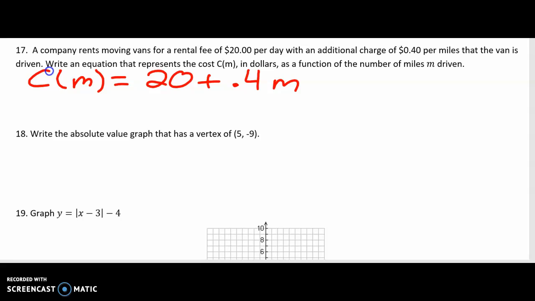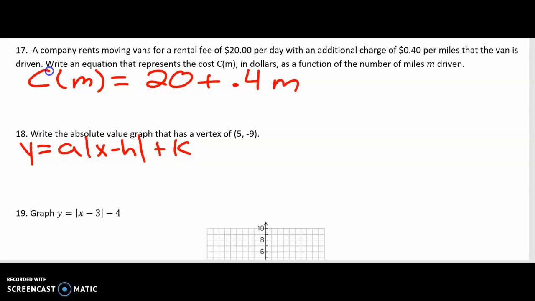All right, number 18. Write the absolute value graph that has a vertex of (5, negative 9). So our general form is a times the absolute value of x minus h, plus k.